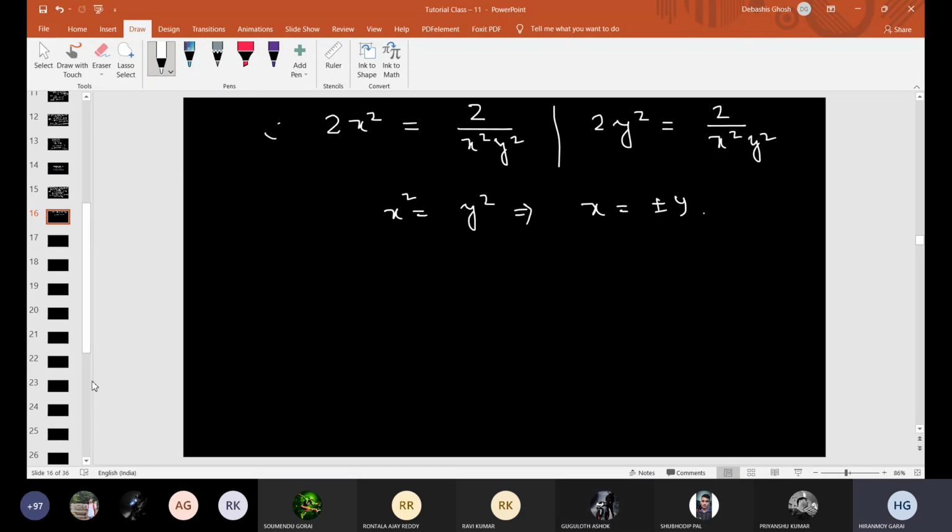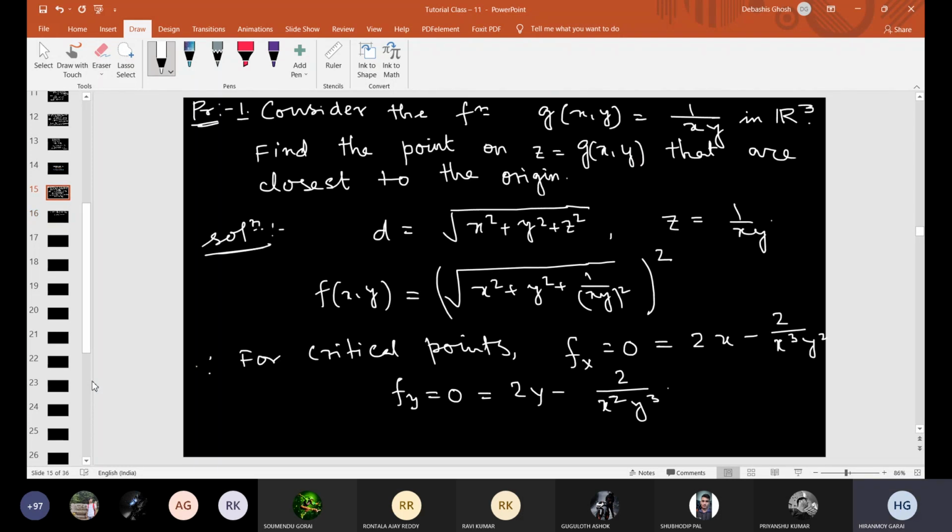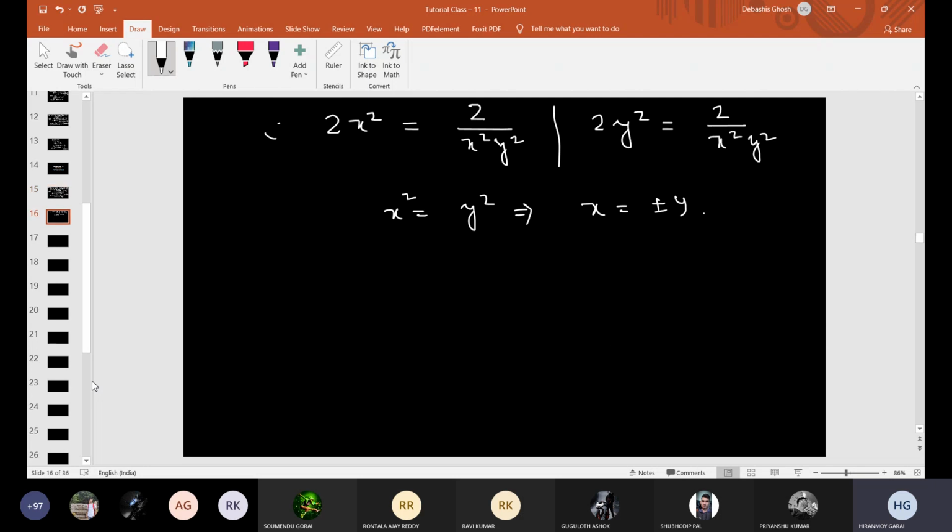Now we need to find the value of x exactly. So we use this equation, 2 into x minus 2 by x cube y square equals 0.